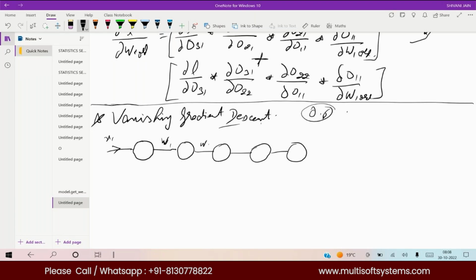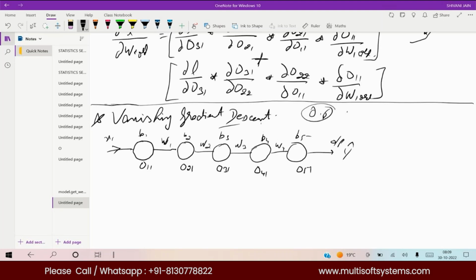This is my W2, W3, W4, and this is my output, Y hat. Here I have bias 1, bias 2, bias 3, bias 4, and bias 5. Here my outputs are O11, O21, O31, O41, O51.